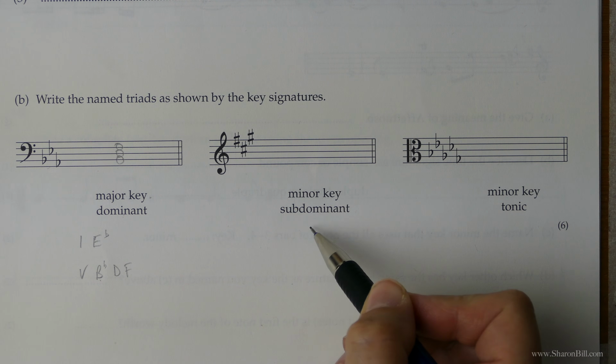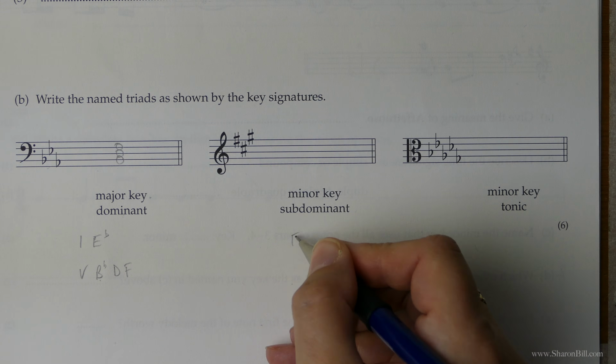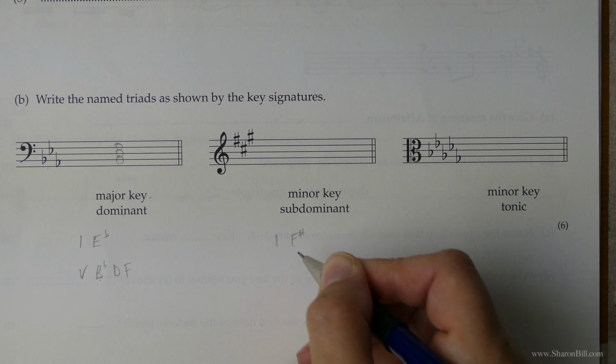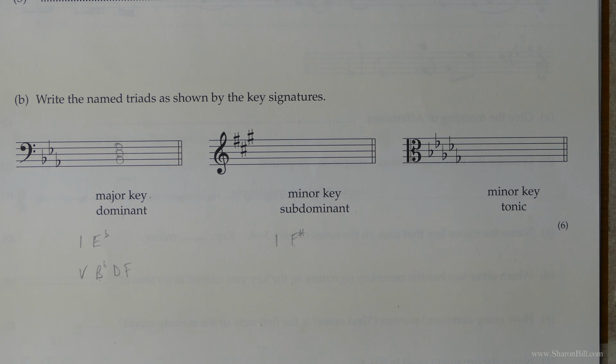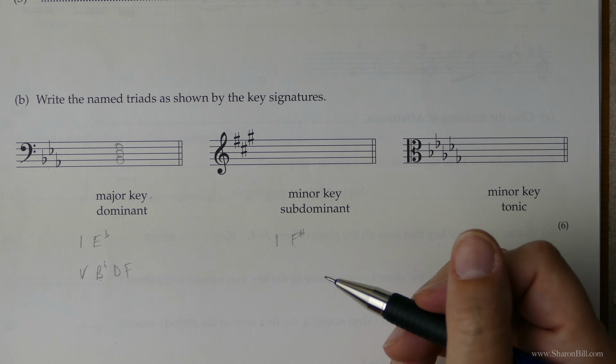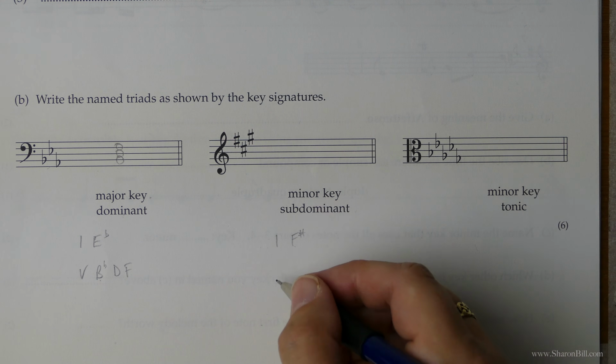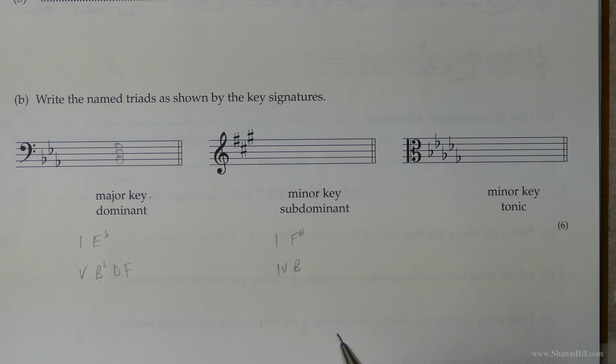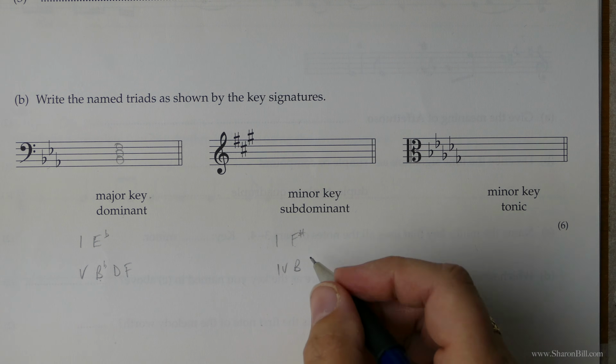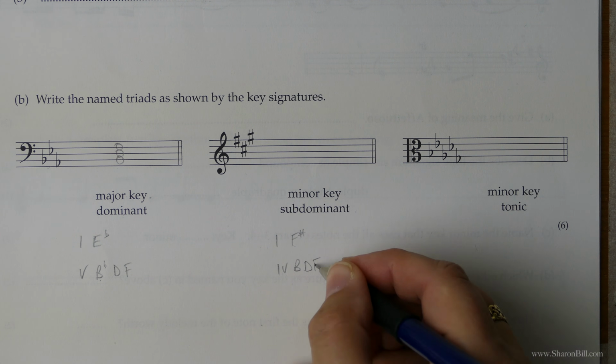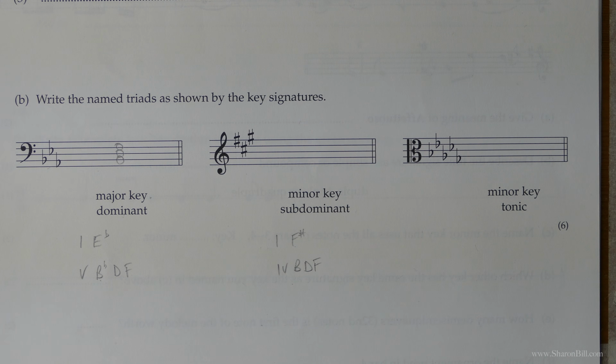So we know that this is F sharp minor. So our tonic is built on F sharp, and so the subdominant, the 4th, F, G, A, B, is built on 4. So we need to find our triad now, 1st, 3rd, 5th, B, D, F. Your key signature takes care of everything else.